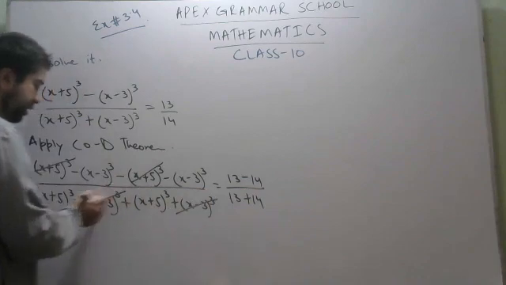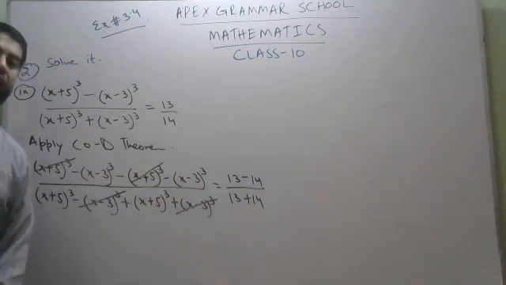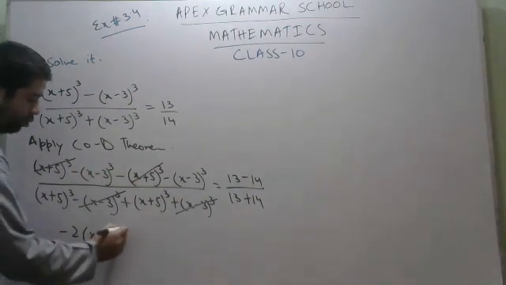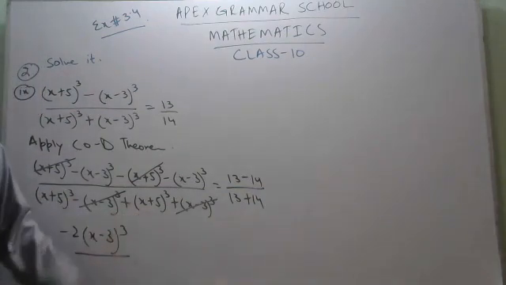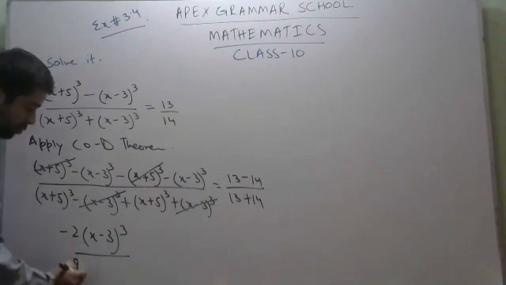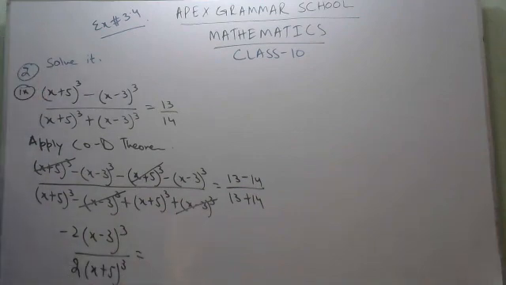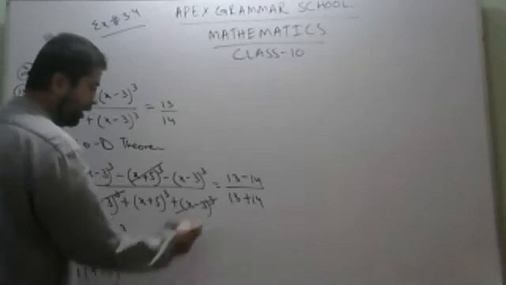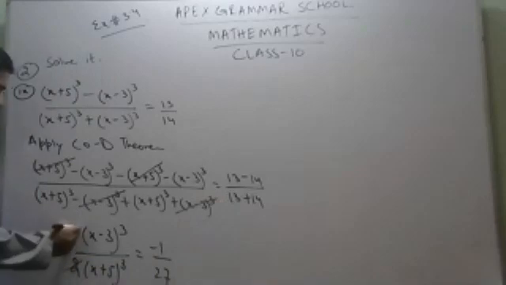We are left with minus x minus 3 whole cube. Again, x minus 3 whole cube will make minus 2 x minus 3 whole cube divided by x plus 5 whole cube plus x plus 5 whole cube, that is 2 x plus 5 whole cube, is equal to 13 minus 14, minus 1, divided by 27. 2 cancels with this 2, this negative sign cancels with this negative.